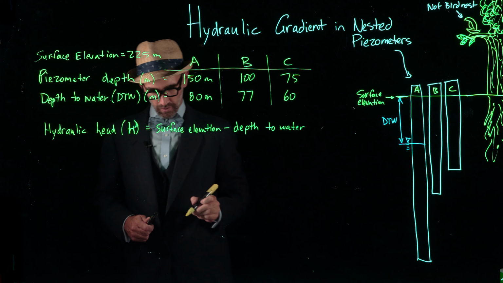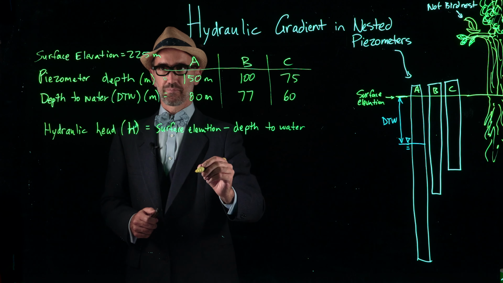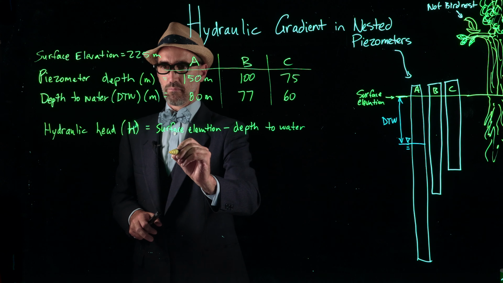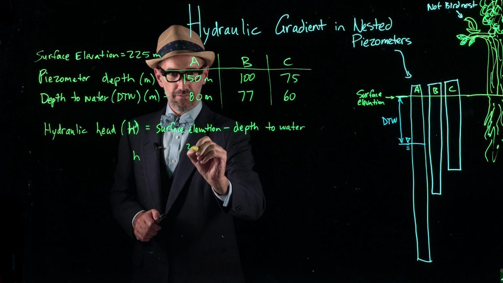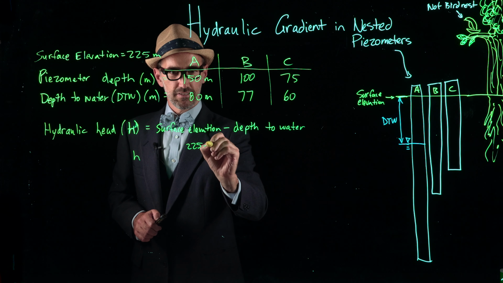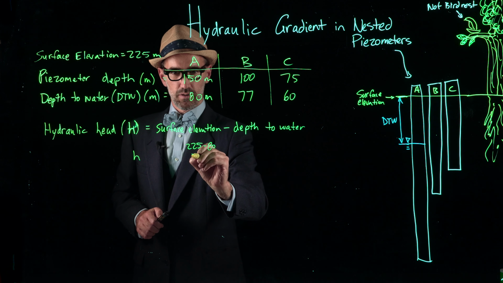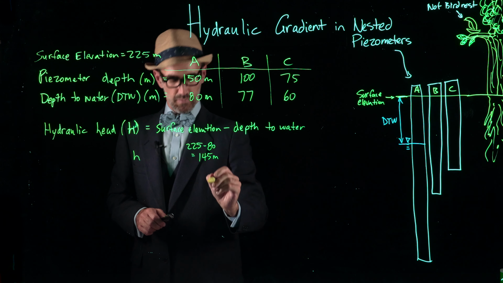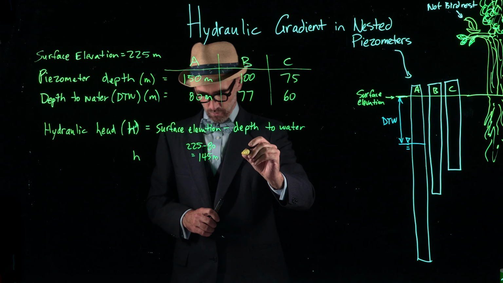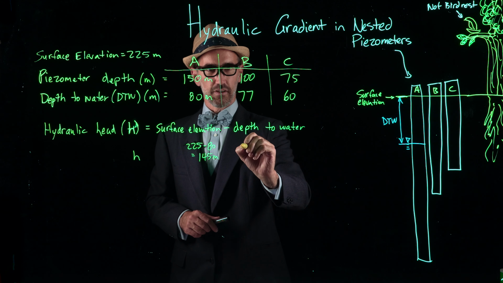For A, for example, h is equal to 225 minus 80, which is equal to 145 meters. And then similarly for B it is 148.